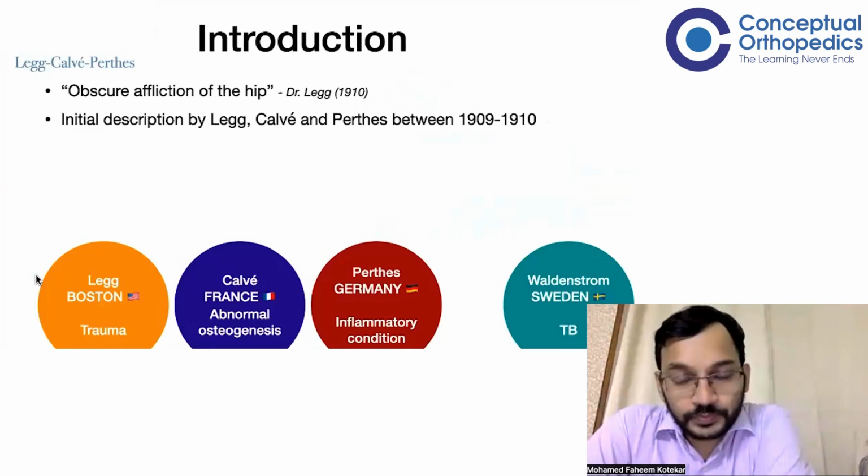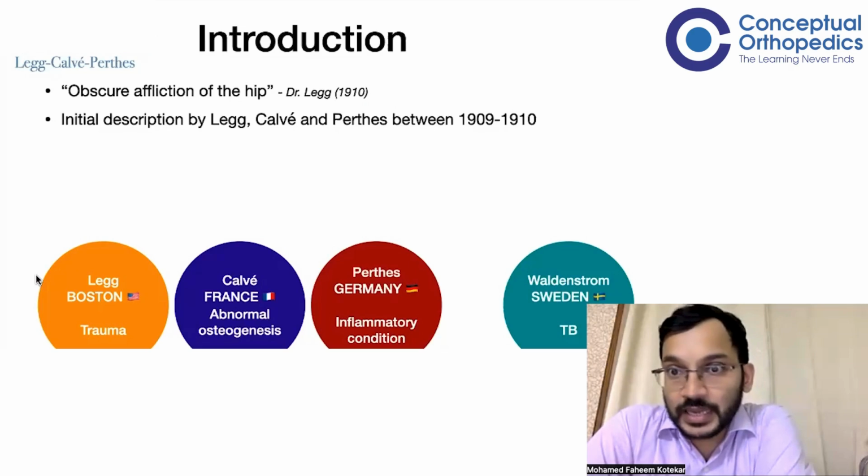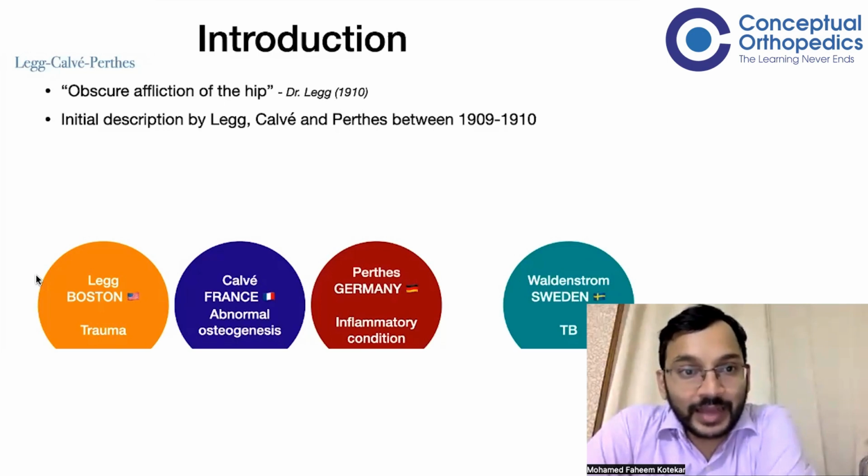So how did this start off? Perthes disease back in the day was initially described in 1909 and 1910 in different papers at the same time in 3 different areas.